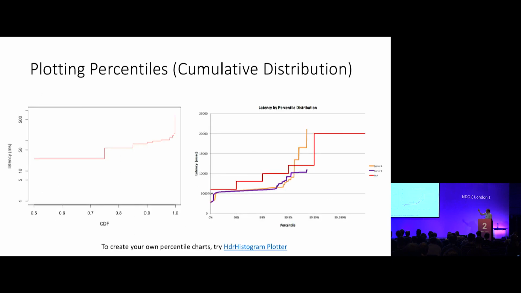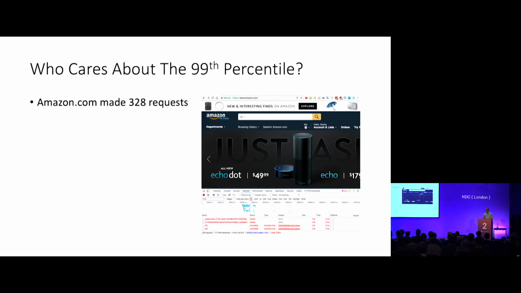So, yeah, that's how you can visualize this stuff, but I'll just jump straight up to who cares about the 99th percentile. So I did a little experiment. I opened up my browser developer tools, and I went to Amazon.com, and I saw that the Amazon.com webpage made 328 requests. Let's assume for a moment these are all completely independent and they all have the same latency behavior.